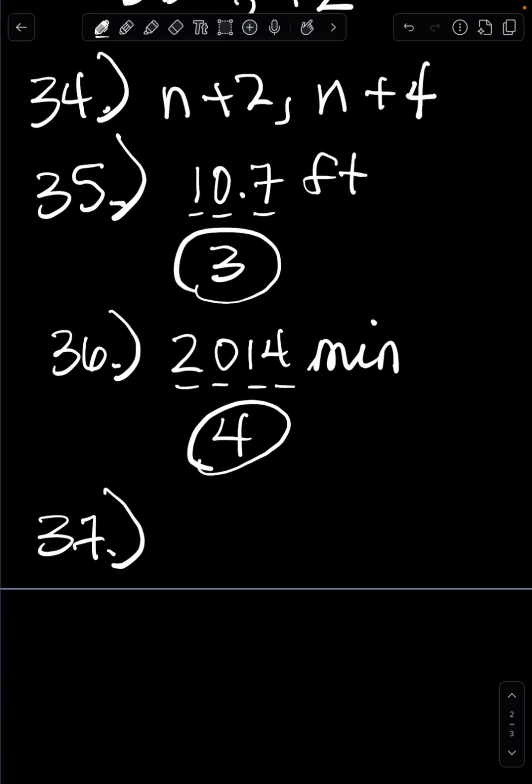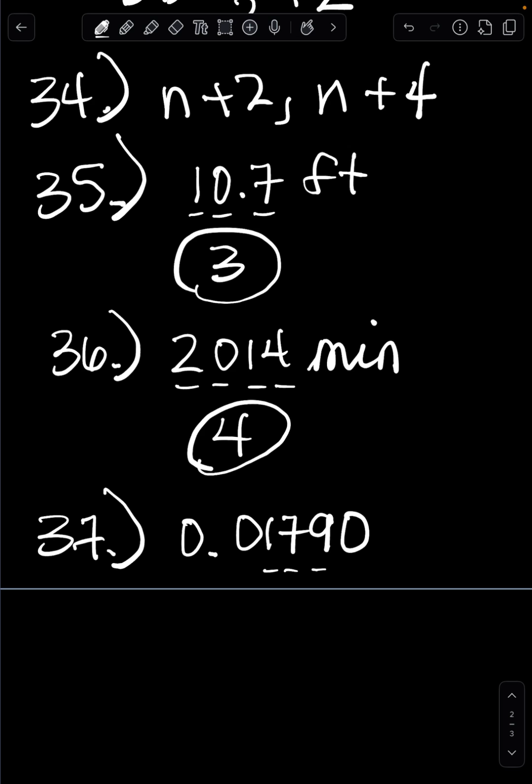37, a coin that is 0.1790, let me see if I can get this right. So this is millions. Okay, in this one, you're going to count the zeros that are at the end of the decimal number, but not at the beginning.